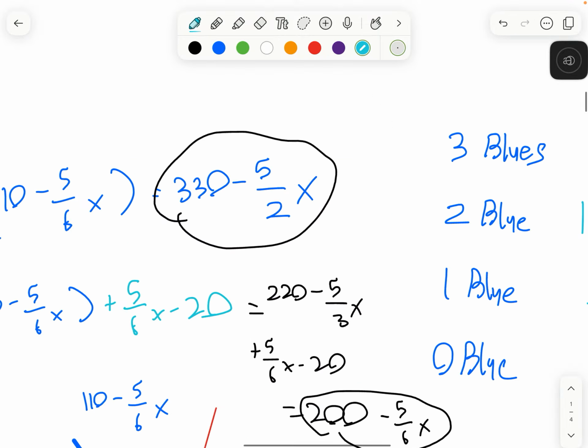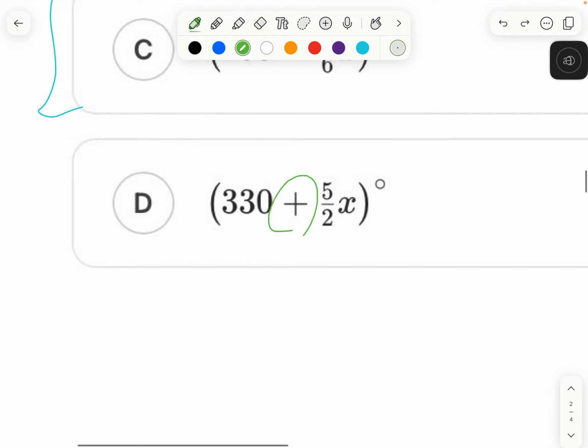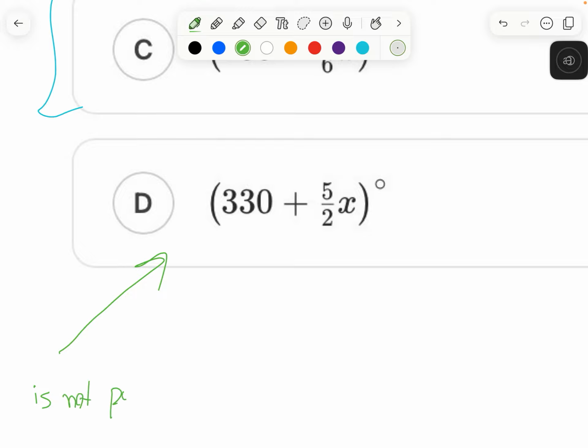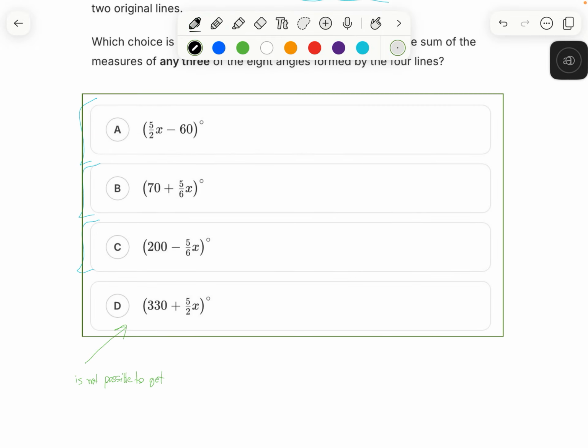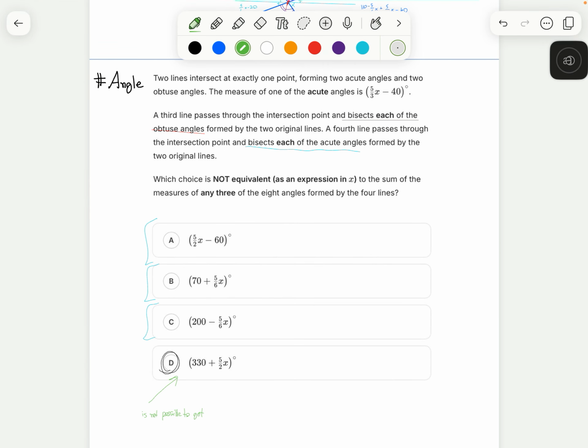And our last one is 330 minus 5/2 x. But this answer choice here has a plus 5/2 x. So you know this one is not possible to attain through adding three angles. So in our case, D is our answer choice because it's the only expression that does not come from a sum of three angles.